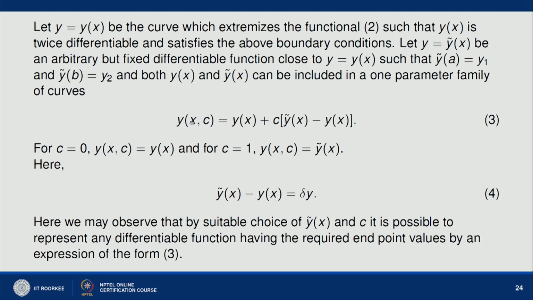You put x equal to a, so y(a, c) equals y(a) plus c times (y tilde a minus y a). Since y tilde a and y of a are the same, equal to y1, this will cancel out, and y(a, c) is given by y(a), that is y1. Similarly, you can verify that y(b, c) is equal to y(b), that is y2.